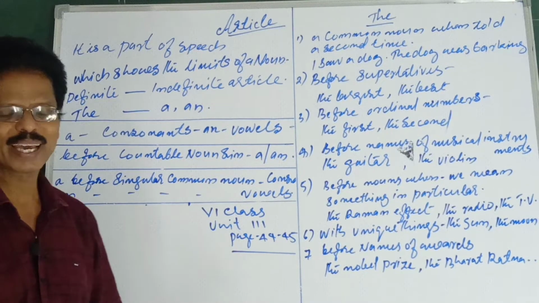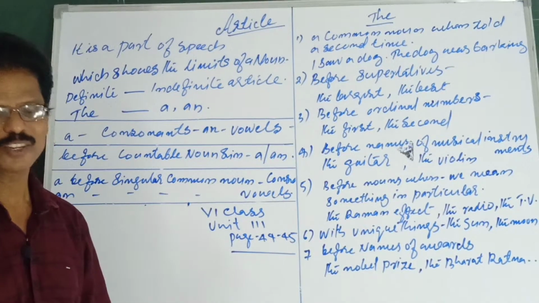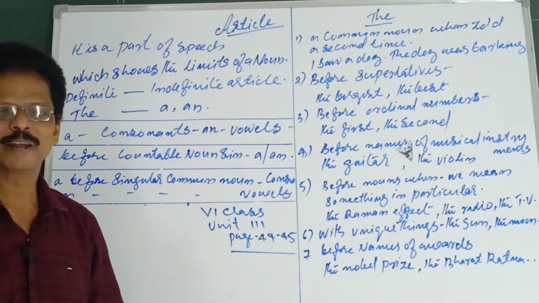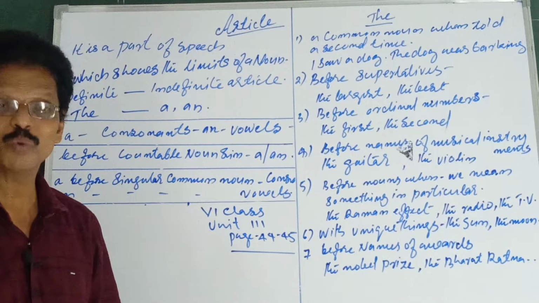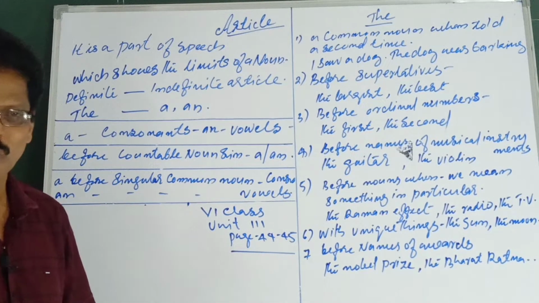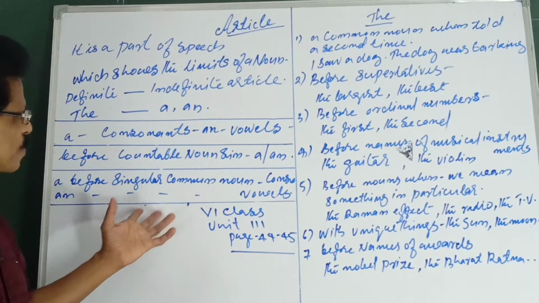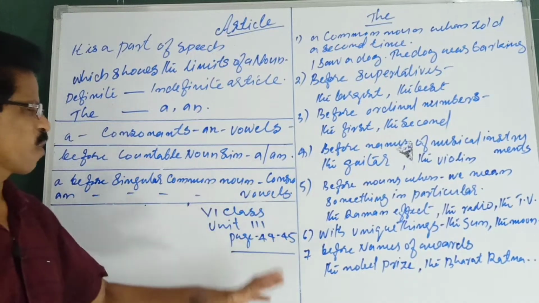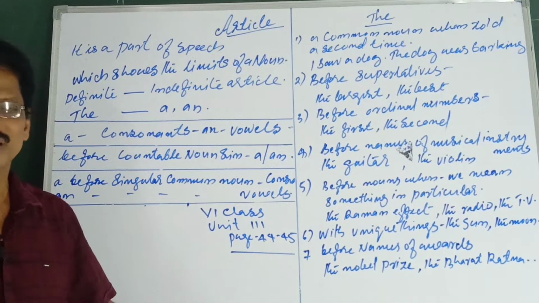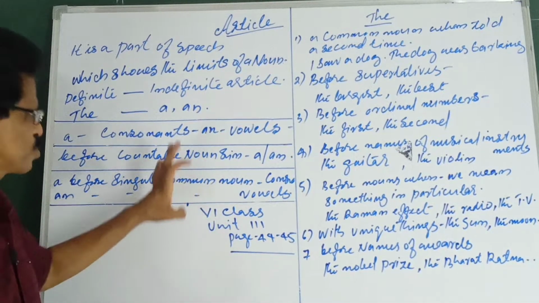For example, he is a teacher. Like that you have to use it. For a singular common noun, you have to use a or an, an with vowels and a with consonants. That is what is given in your textbook.